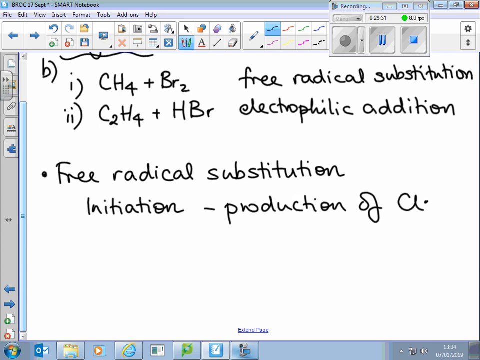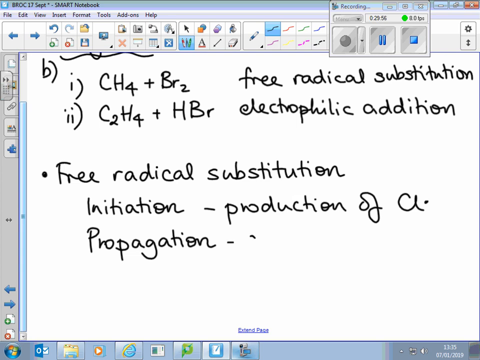You have then propagation. Now, the propagation part of it is once you've produced chlorine radicals, as long as there's enough of them and enough methane to react with. This will actually just keep going, keep going, keep going, to be honest, until you run out of something.